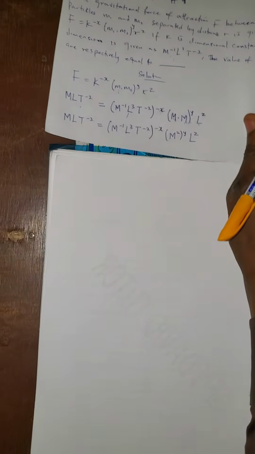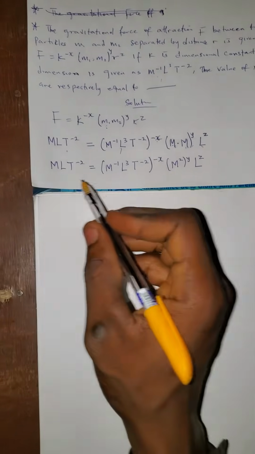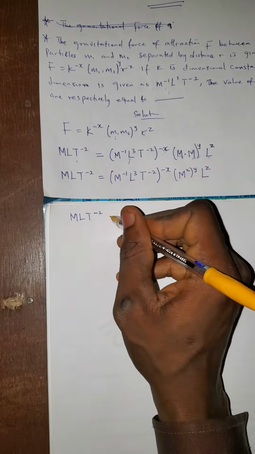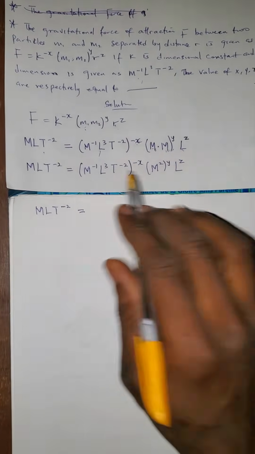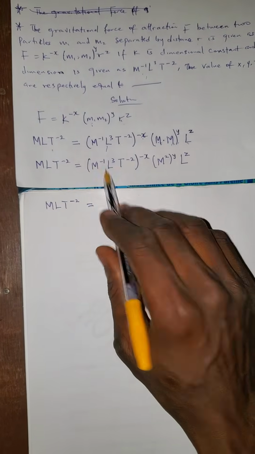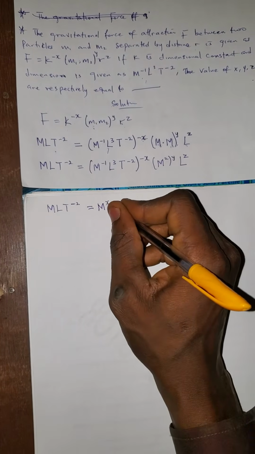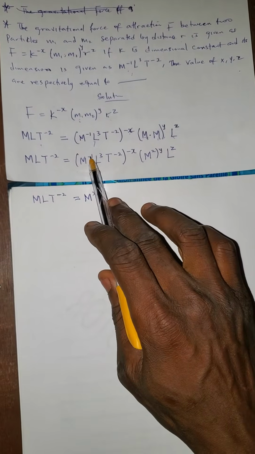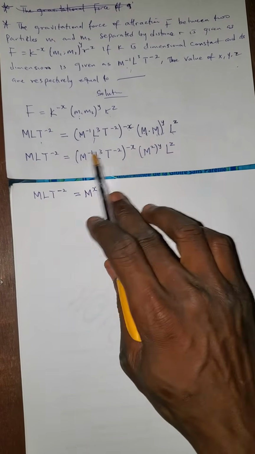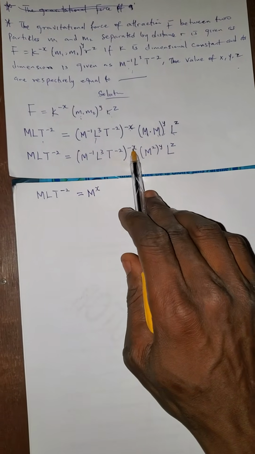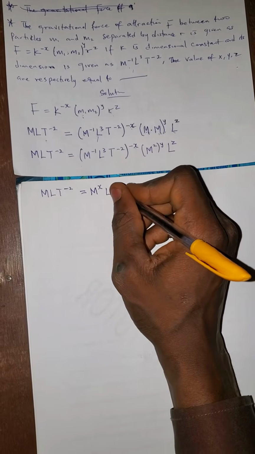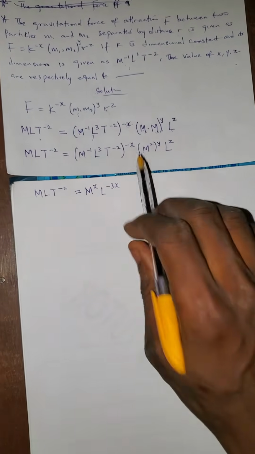Now we use the power to open the bracket: minus X times minus 1 will be M raised to power X, because minus times minus will be plus. Then 3 times minus X here will be minus 3X, so we have L raised to power minus 3X.